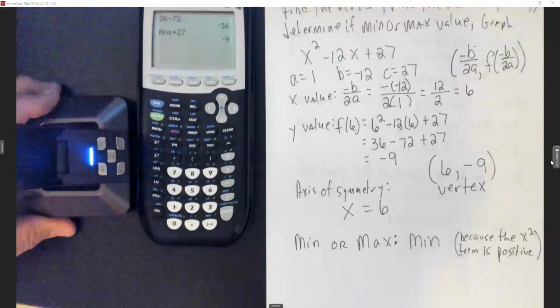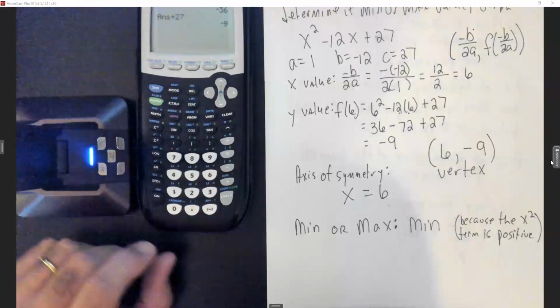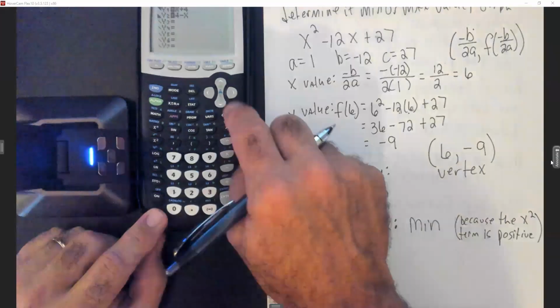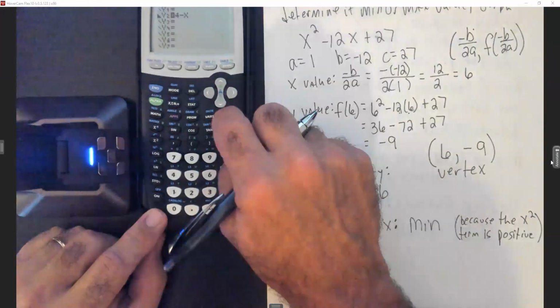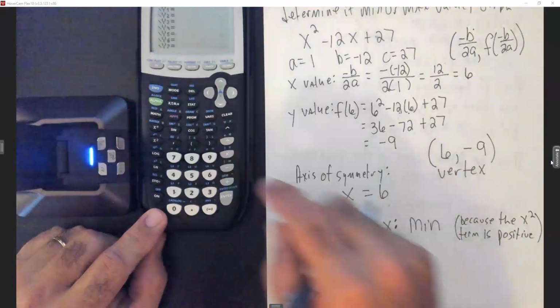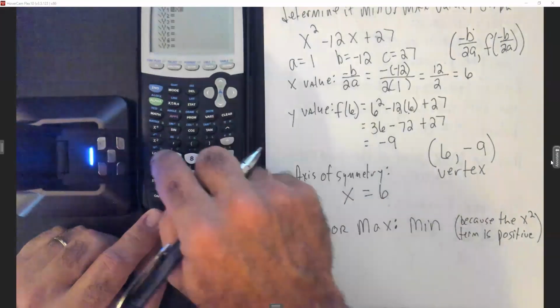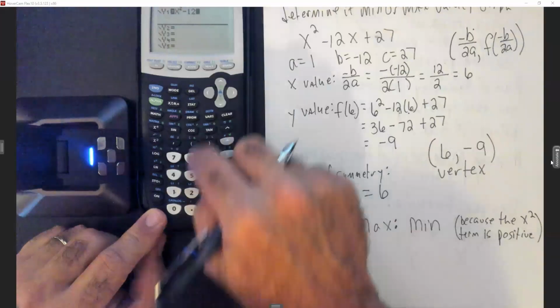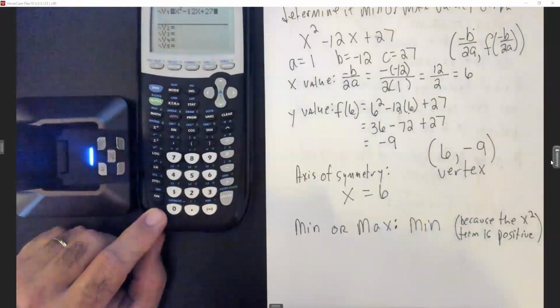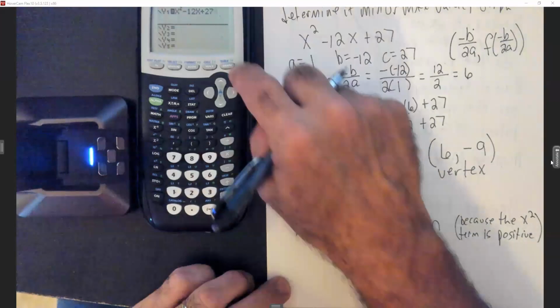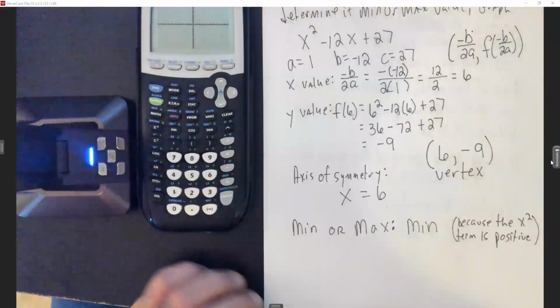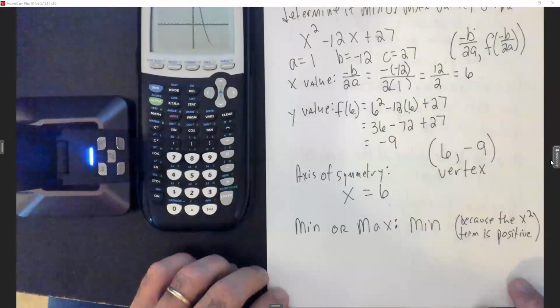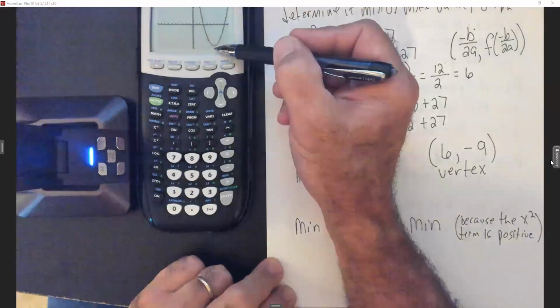And then y'all, actually, if you wanted to, go over here to y equals. Let me clear everything on mine. And I can put this in here. X squared minus 12x plus 27. And if you hit graph, you'll see that it's definitely got a minimum, which is what we said. And it looks like we said a minimum of -9.